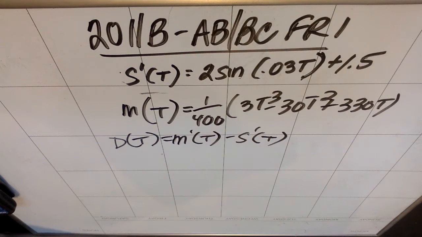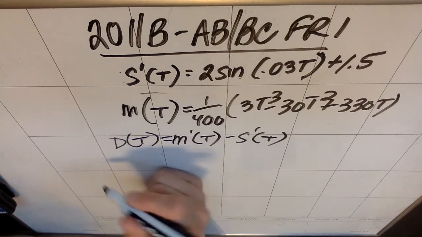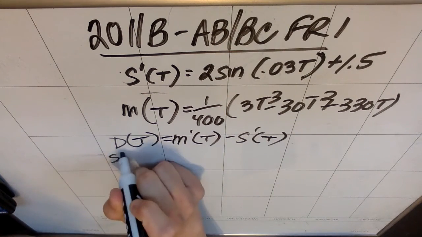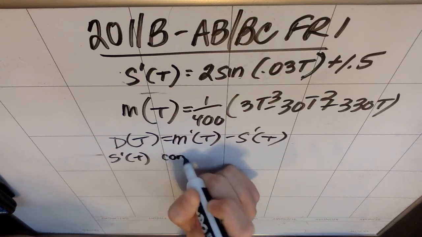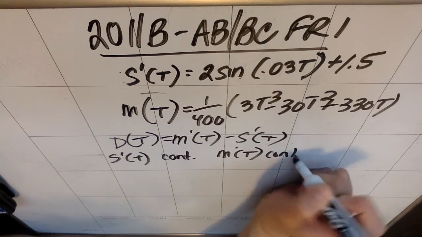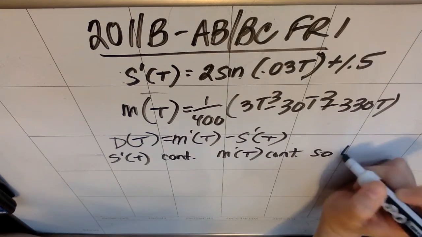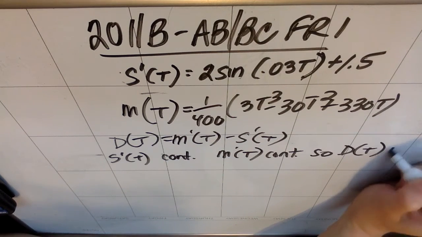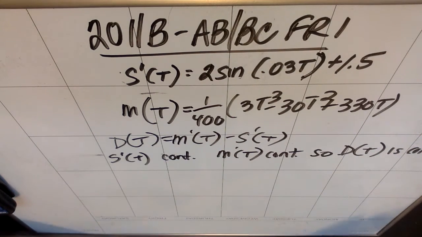So let's walk through this. To show that the intermediate value theorem works, I have to point out that s prime of t is continuous. M prime of t, which is a polynomial, is also continuous. So d of t, which is the subtraction of m prime minus s prime, is continuous, okay? That means I can use the intermediate value theorem.